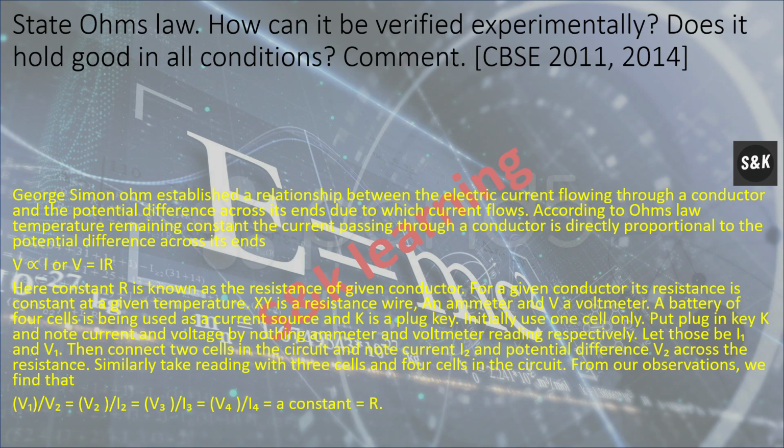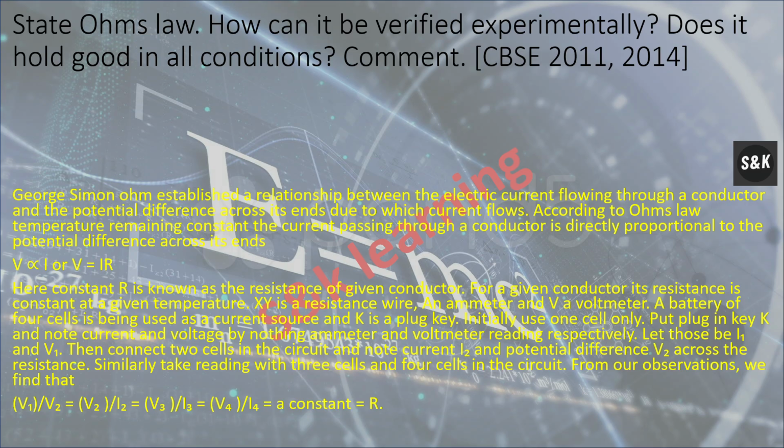State Ohm's law. How can it be verified experimentally? Does it hold good in all conditions? George Simon Ohm established a relationship between the electric current flowing through a conductor and the potential difference across its ends, due to which current flows.